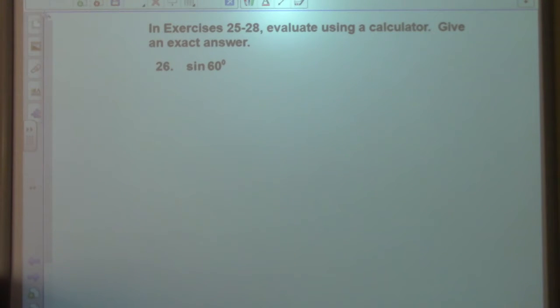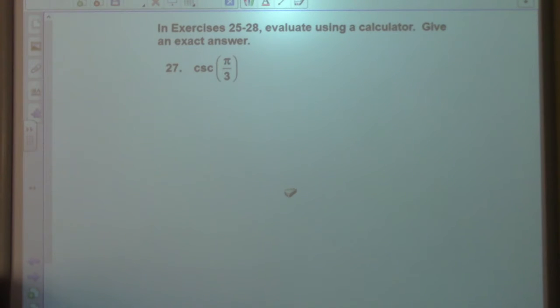Okay, next we have 27. Again, it's a pi over 3 thing here. Can you teach me the hand thing?